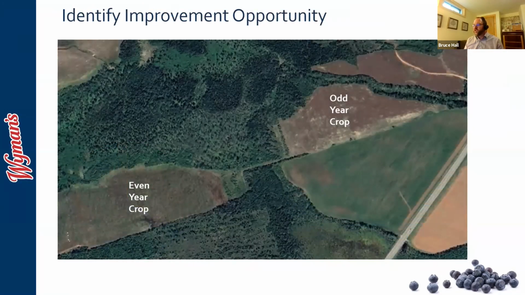I want to show you what this location actually looks like and talk about the improvement opportunity that exists. I'm going to switch over to the laser pointer real quick to help guide this. And so here you have an odd year crop field. Here you have an even year crop field. Our crop is a 2-year crop production cycle, where 1 year you have a crop, the next year it's non-crop. So these two fields are what we call split crop cycles. In between is an area that's kind of grown up a little bit.